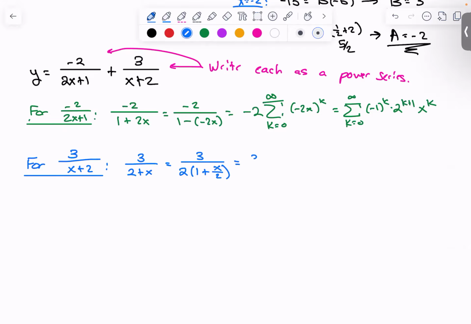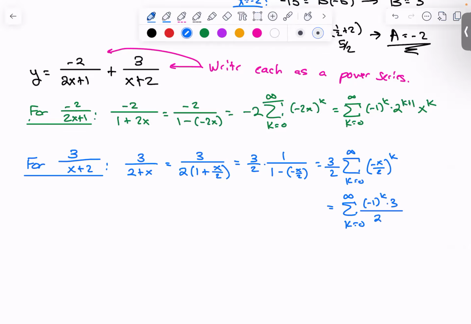What we end up with is 3 halves times 1 over 1 minus (negative x over 2), which is 3 halves times the sum from k equals 0 to infinity of (negative x over 2) to the k, which we can write as the sum from k equals 0 to infinity of negative 1 to the k times 3 over 2 to the k plus 1 x to the k.